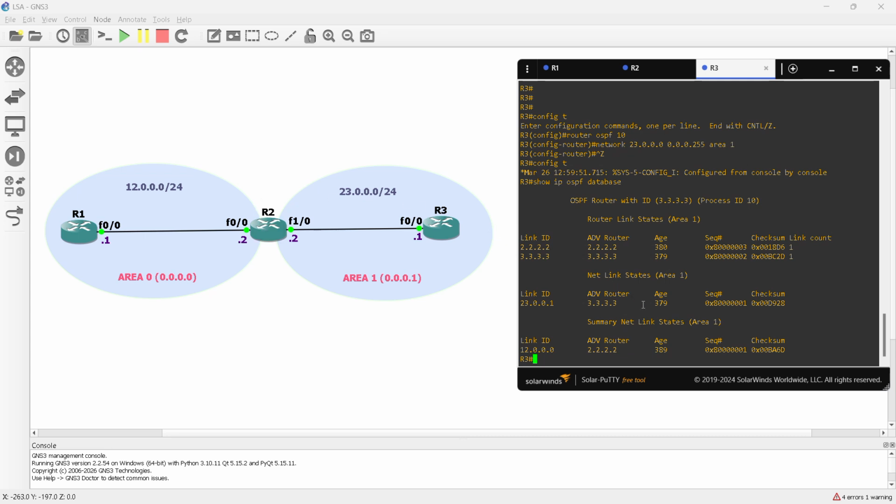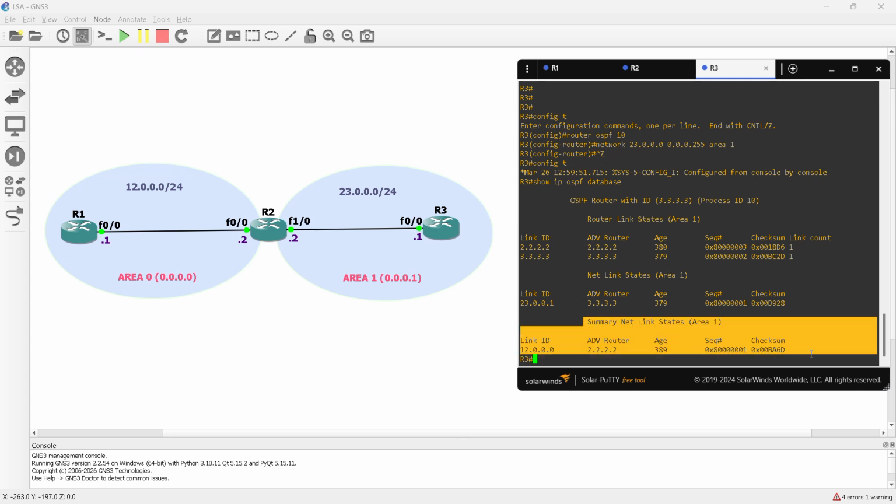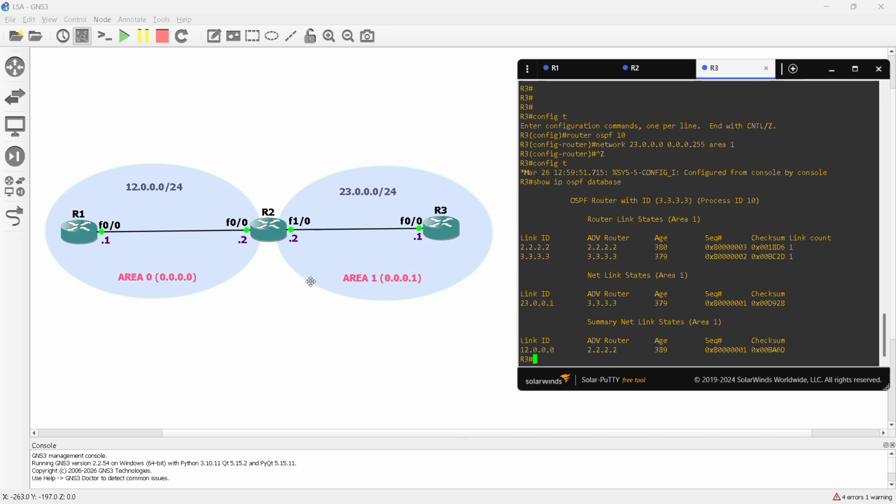Our R2 was the ABR. This is the one who generated it. And in R3, it gave the information about network 12.0.0.0 through the network summary LSA. So R2, the ABR, was responsible for telling area 1 about area 0's router, which is R1.